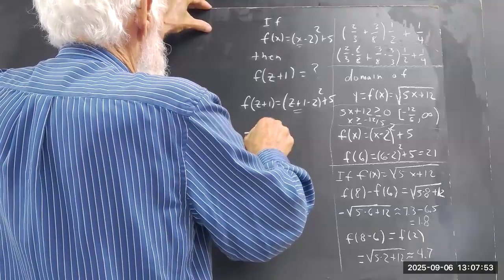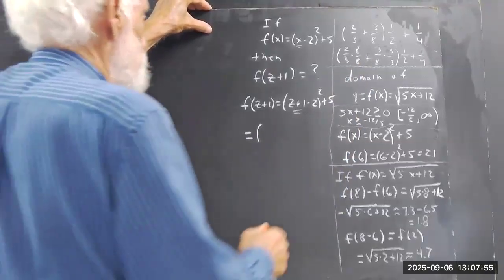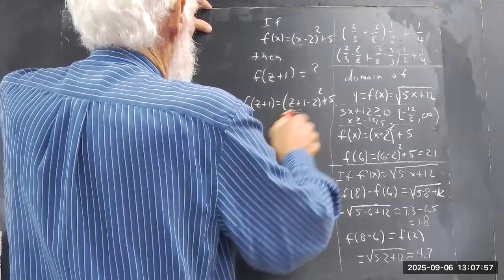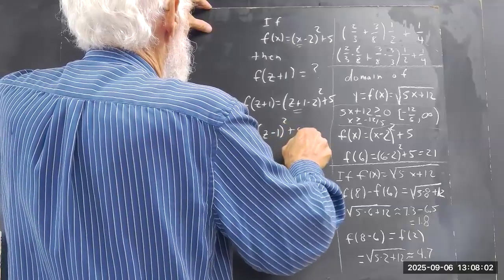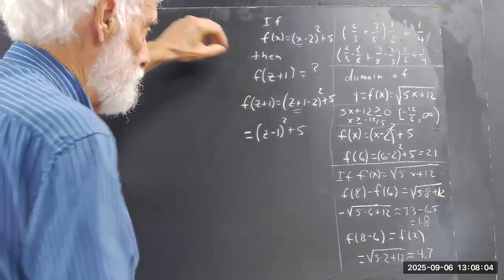Now, we want to simplify this a little bit. z plus 1 minus 2 is just z minus 1. So you got z minus 1 squared plus 5.